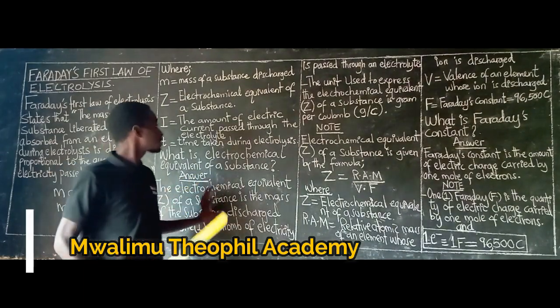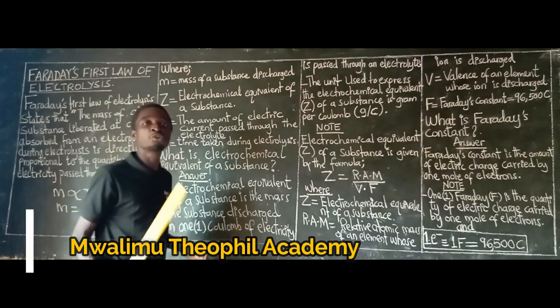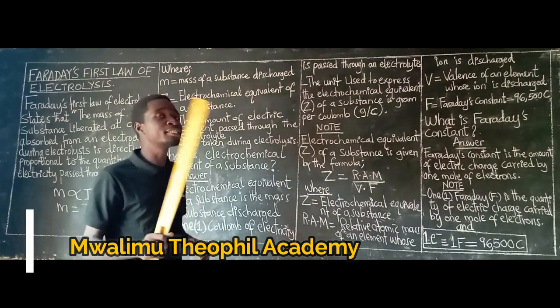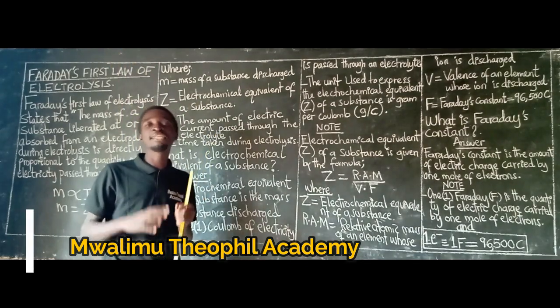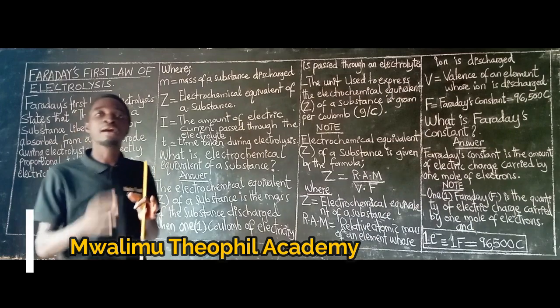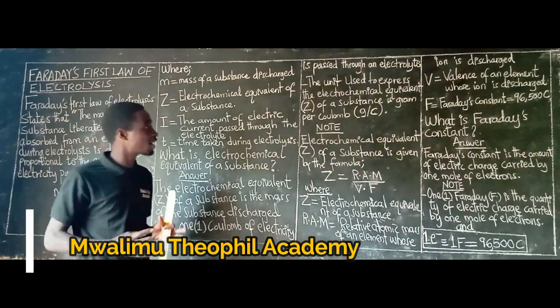After this definition of electrochemical equivalent, let us see its unit. Electrochemical equivalent is expressed as gram per coulomb, as we've said that it is the mass liberated when 1 coulomb of electricity is passed through an electrolyte.